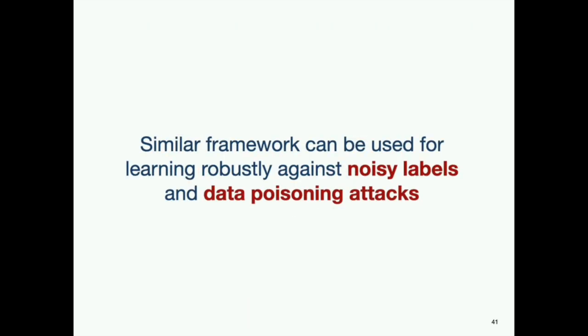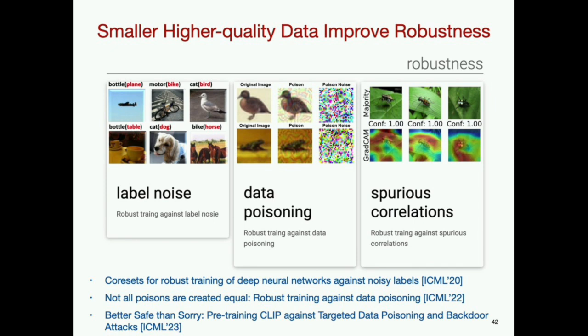So a similar framework we can use to train our models robust against noisy labels and data poisoning attacks. I don't get into this, but I just put a few references here if some of you want to check later. The short message is that the exact same method that I mentioned can theoretically guarantee that we are not selecting a lot of noisy labels during training.